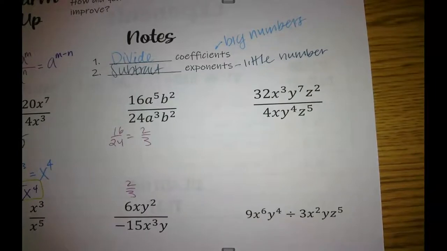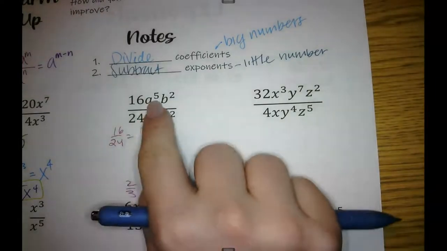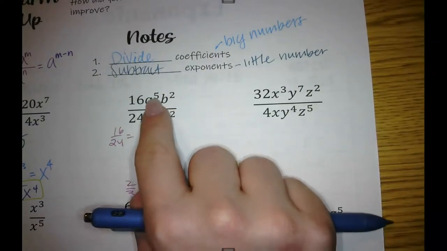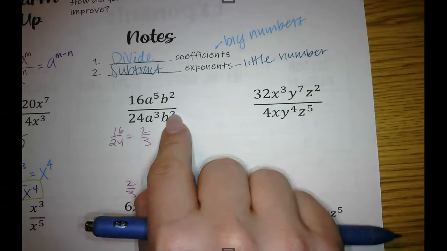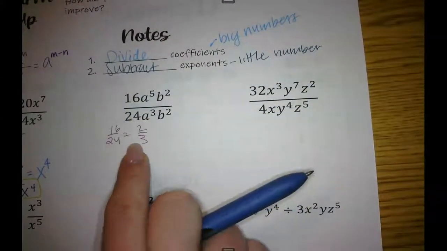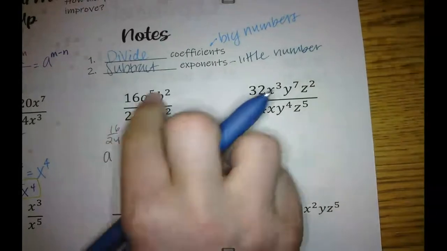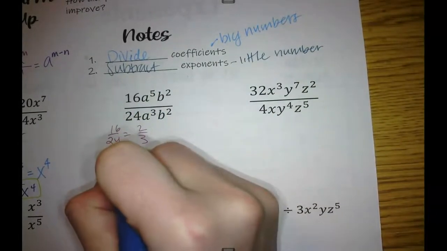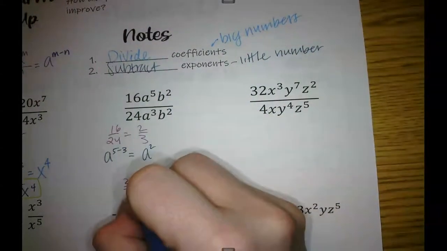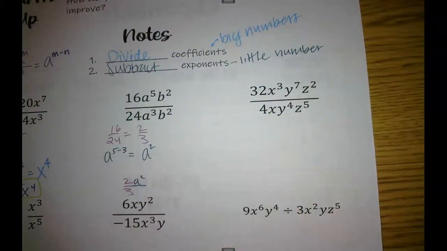I can only combine variables that are the exact same. So I can only combine this a to the 5th with this a to the 3rd. I can't do a to the 5th with b to the 2nd at all, okay? So the second step, I have to do it twice. I have to do a 5 minus 3. So that's a squared. So in my answer, we're going to have a squared.